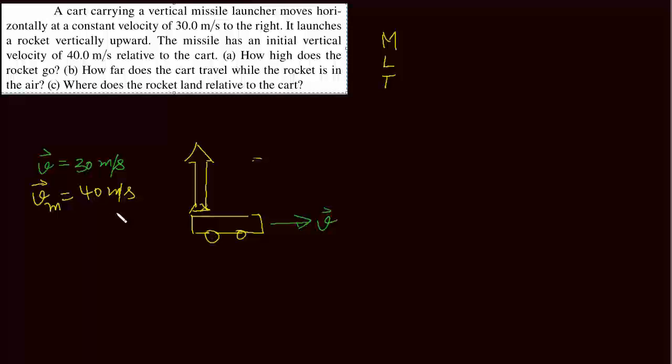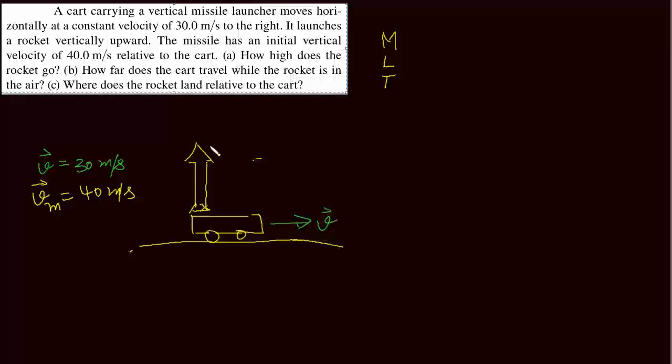A very important thing to note is that it is relative to the cart. So let me draw Earth here. It's not relative to the Earth, it's relative to the cart. How high does the rocket go? That's the first question.